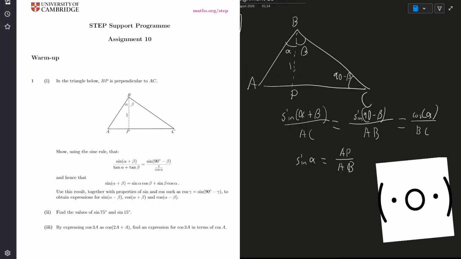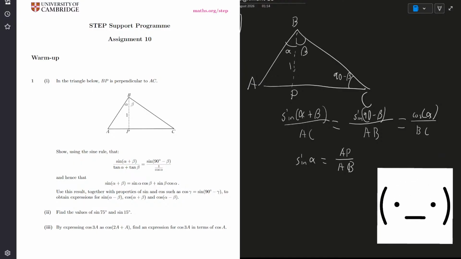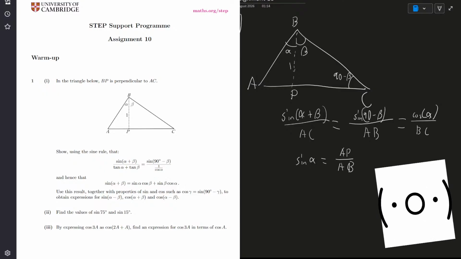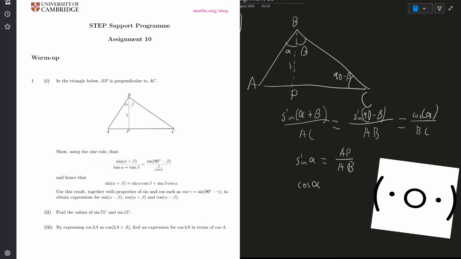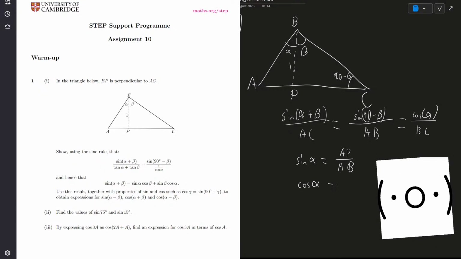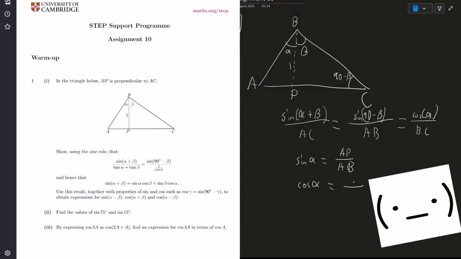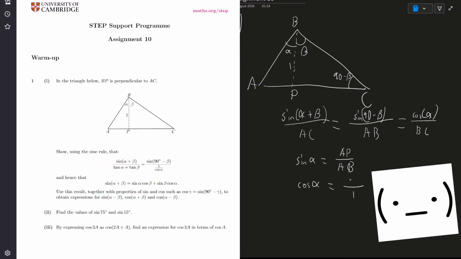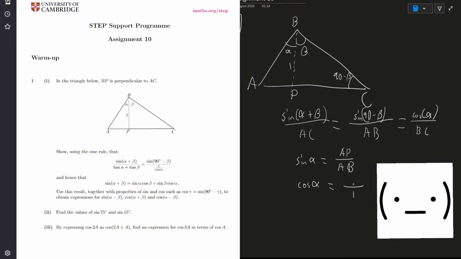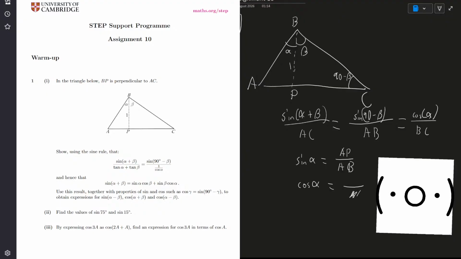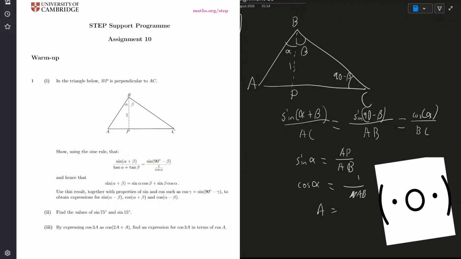Okay, AB and AP. What if we write cosine instead? Because cosine does show up in one of them. So, for cosine, it's AB here and 1, which means that AB is therefore easily cosine alpha.